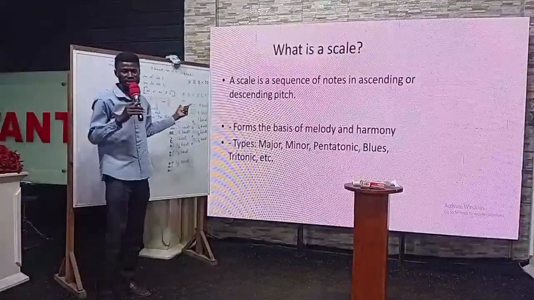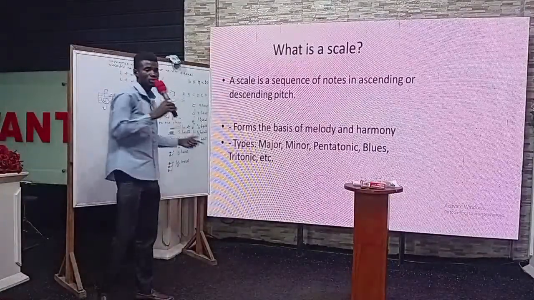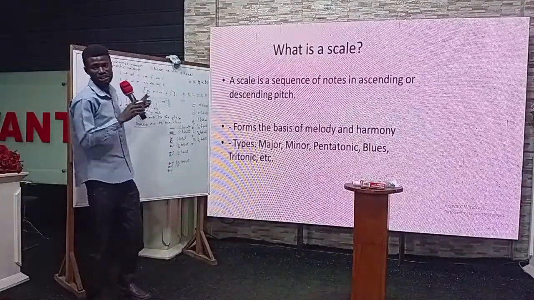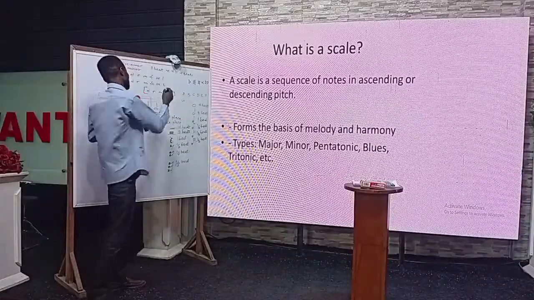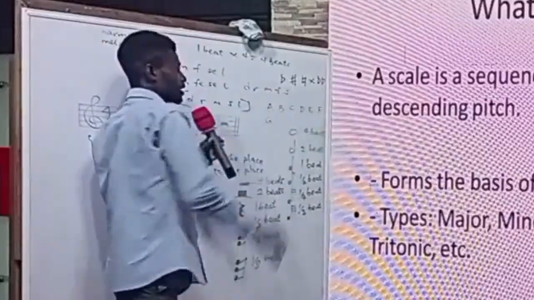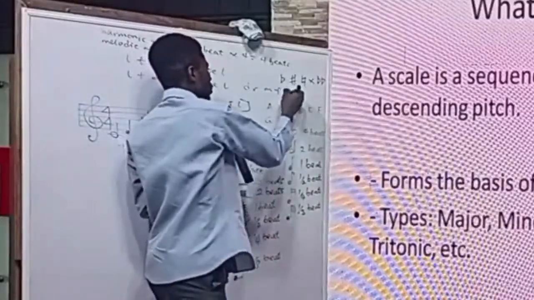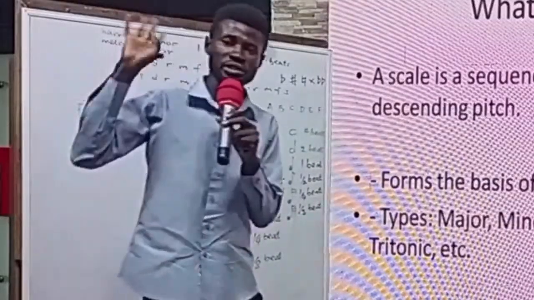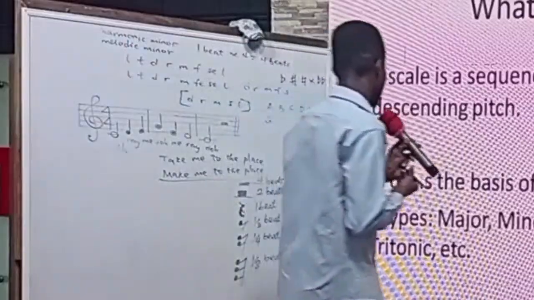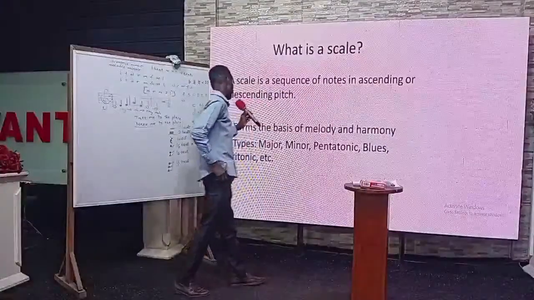Now, I'm not saying that it is only do, re, mi, sol, la that we have. It could even be do, re, mi, fa, and sol. It depends, but it will just be 5 notes altogether. It's a 5-note scale. We have the tritonic scale.